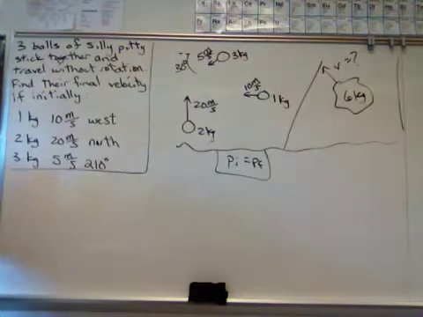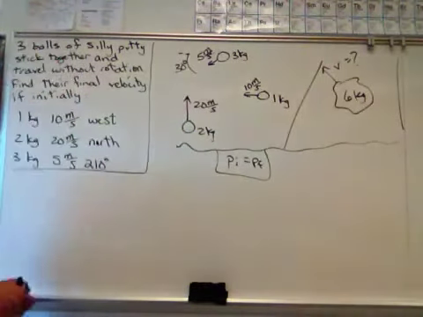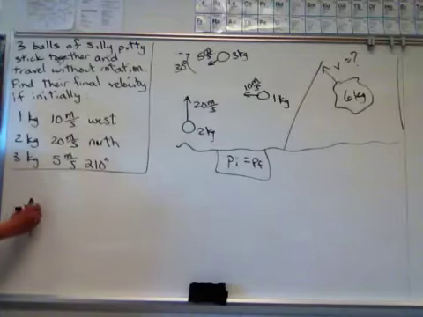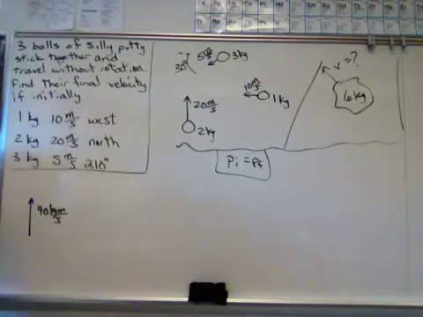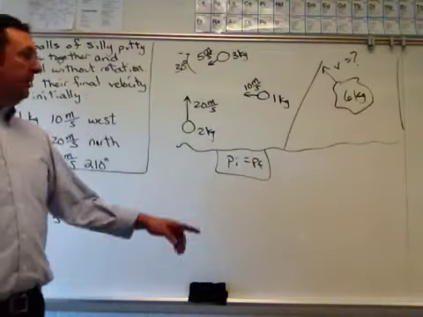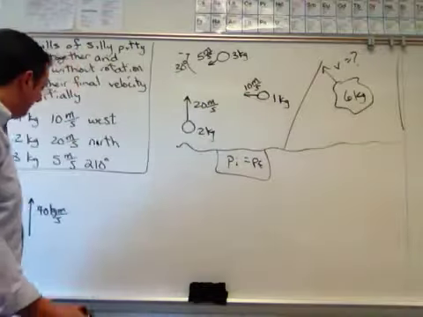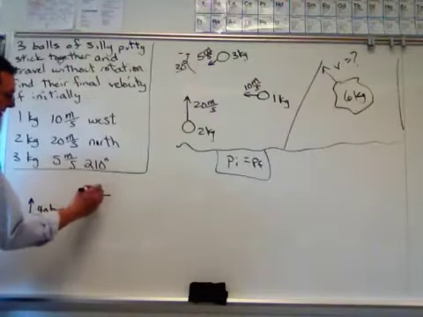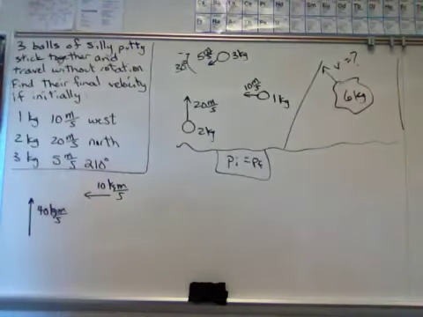So the first thing, the 2 kilogram object, 20 meters per second, that makes 40 kilogram meters per second straight up north. And then this one is 10 kilogram meters per second west, shown by the arrow.